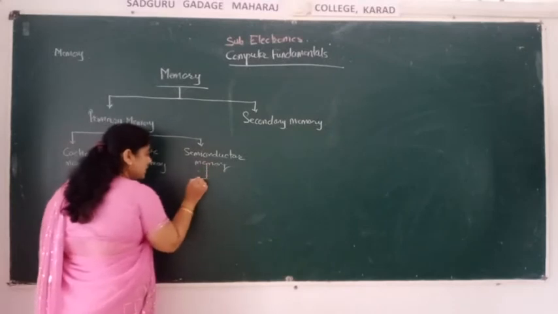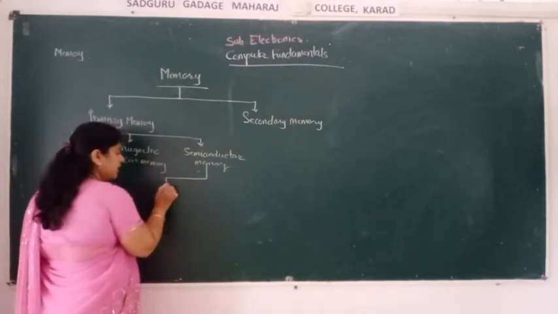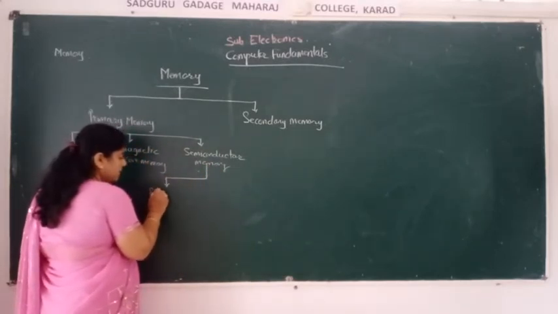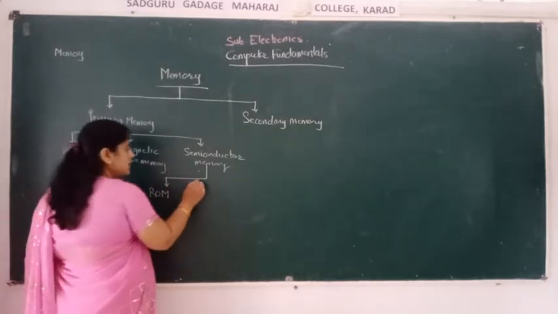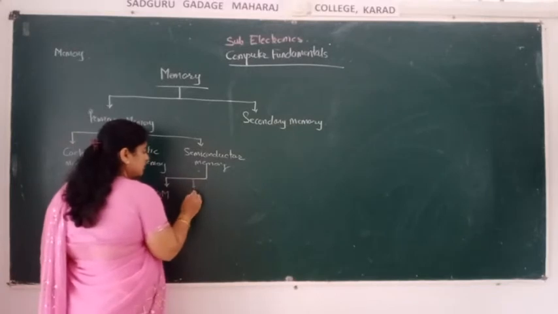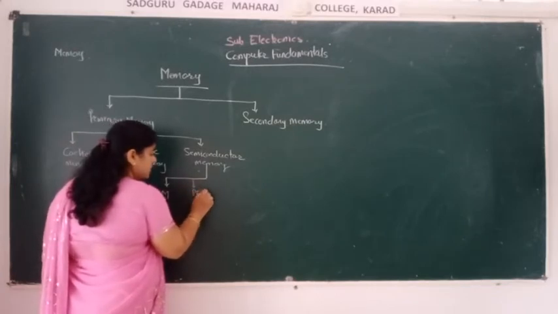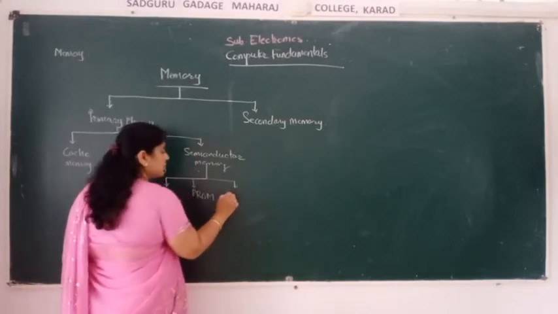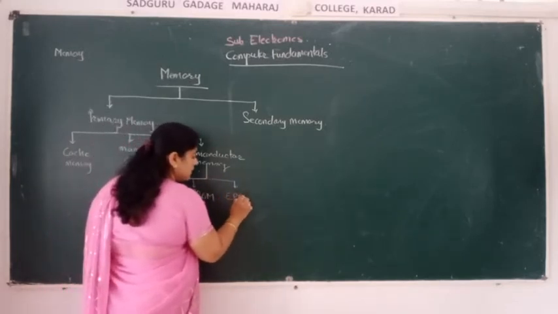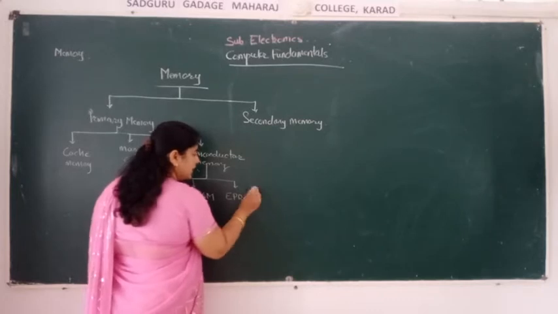Semiconductor memory is again divided into so many types. That is the read-only memory, that is ROM. It is again divided into PROM, the programmable read-only memory. Then EPROM, the erasable programmable read-only memory.